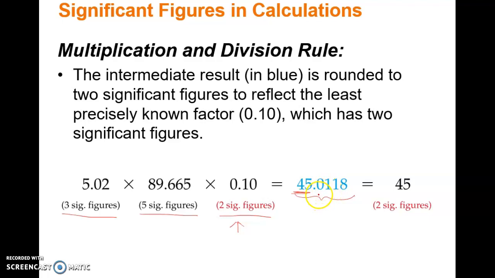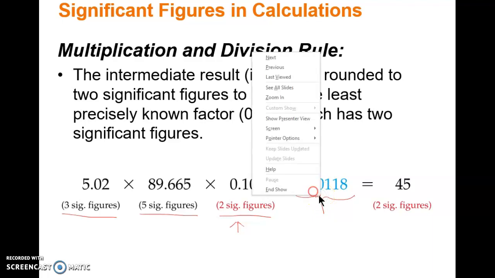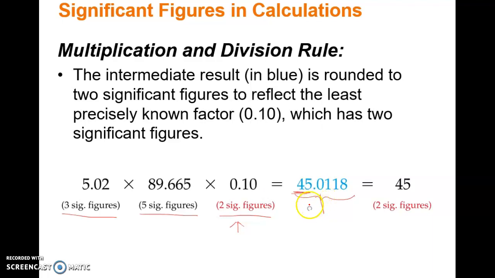You look at your very first non-significant digit, and if it's greater than or equal to 5, then you would round this 5 up to a 6 and leave all of the rest of these numbers off. If the number is less than 5, which it is, we don't do anything with this number. We just leave it a 5 and leave all of the rest of these numbers off. Because this is a 0, this just stays 45.